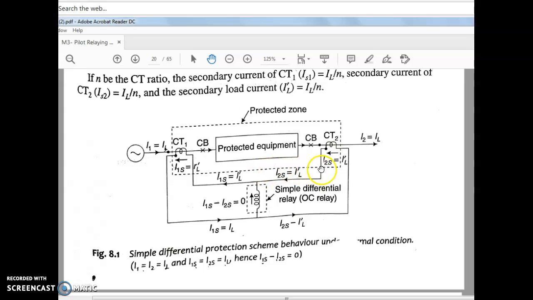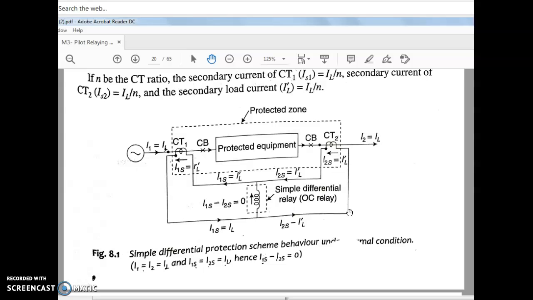So this is a simple differential protection. The ratios of these CTs, the secondary currents, are equal under normal conditions or external conditions. The protected equipment is usually a 1:1 ratio transformer or generator winding or bus bar. The two currents on the primary side will be equal under normal or external conditions. Hence the ratios of the protective CTs are always identical.